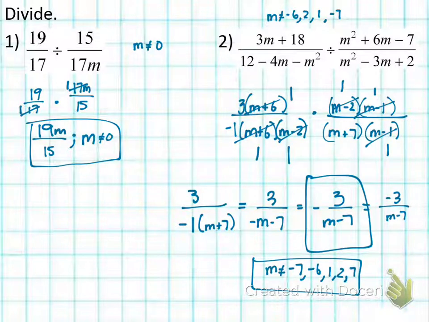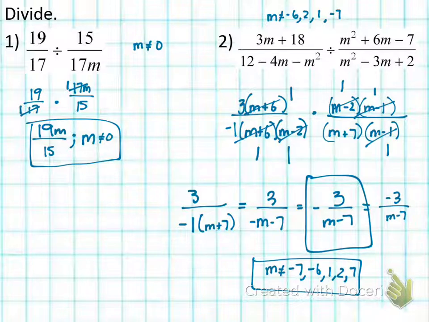So we have a bunch of excluded values. This was a super hard problem, okay? I'm showing you the steps, but the steps are generally the same. You're looking for excluded values at the beginning. I did that here and here. That was a long step at the second problem. Then after you found excluded values, you multiply by the reciprocal. I did that here and here. Then before I even canceled out, I looked for excluded values again.